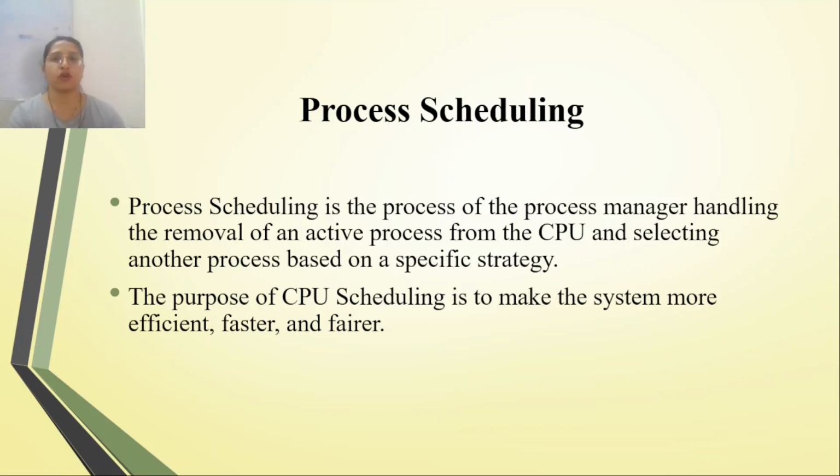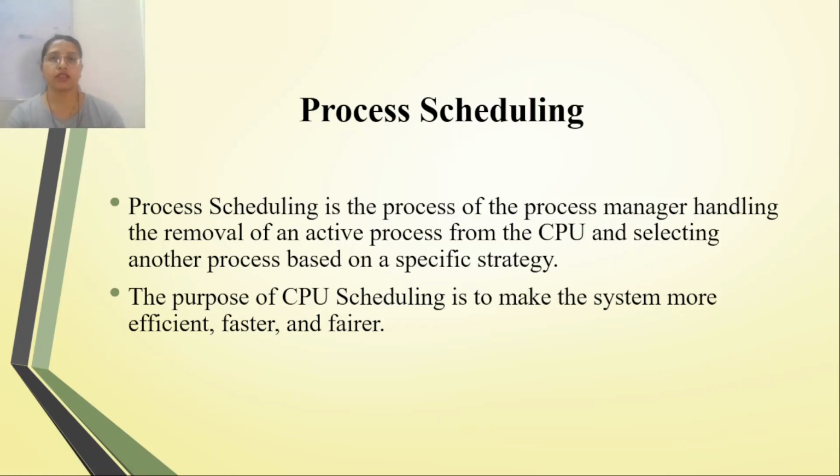The main purpose of CPU scheduling is to make efficient use of your CPU, to make efficient use of your system so that your system is faster and every process gets an equal fair chance to execute. For example, say one process P1 requires 10 milliseconds, and another process P4 requires only 1 millisecond. So P4 is not going to wait until P1 executes.